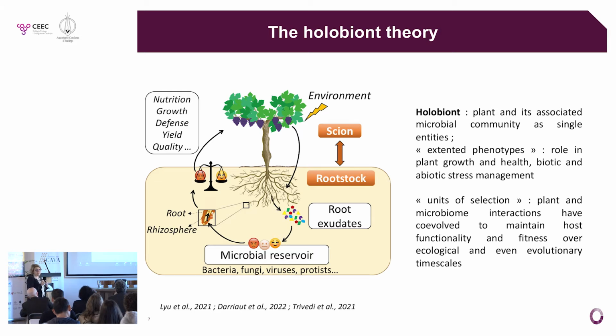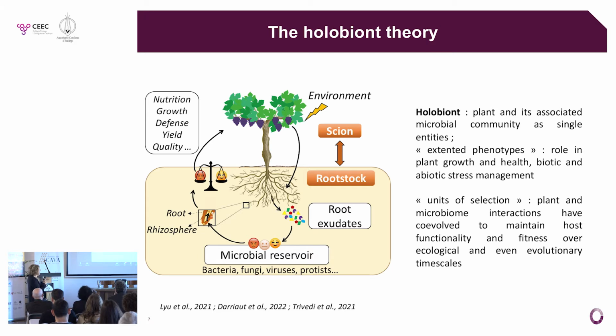And when we consider the history of evolution of vine, we can consider that it's a unit of selection where plant and microbiome interactions have co-evolved to maintain host functionality and fitness over this evolutionary time scale.